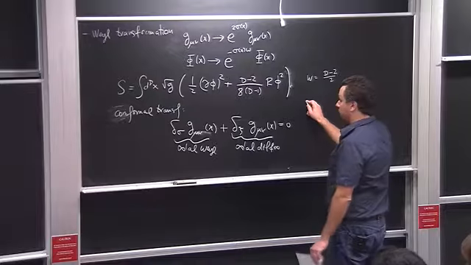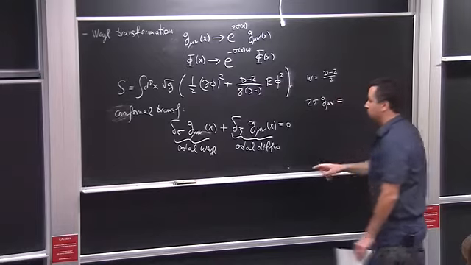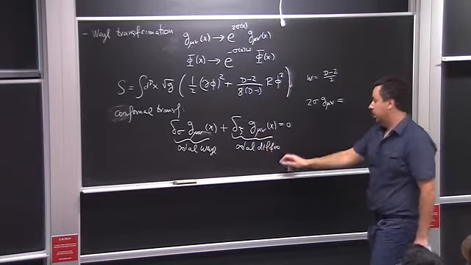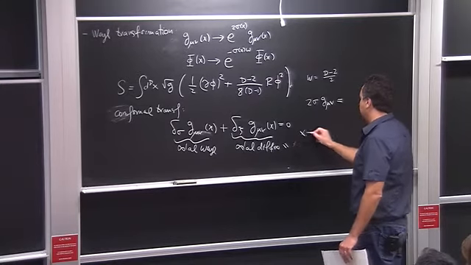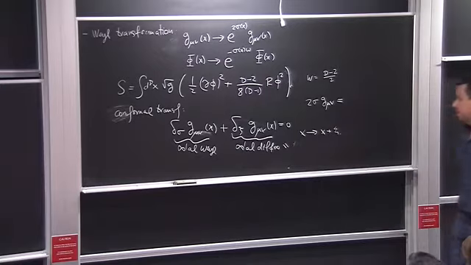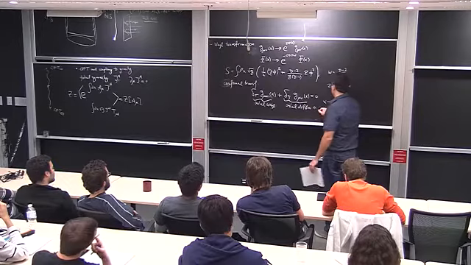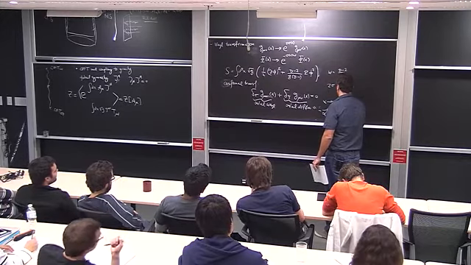Because all I have to solve is this equation. Remember, under the diffeomorphism x plus theta, the variation of the metric is just minus the Lie derivative with respect to the vector field of the metric.